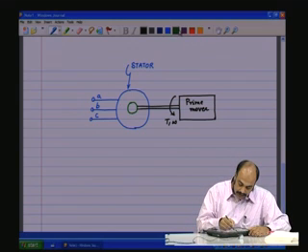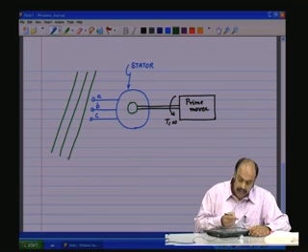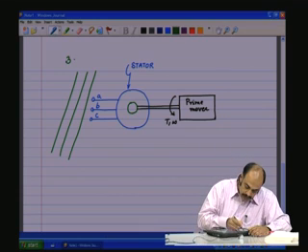Now let us say the sources are connected to the three-phase mains. So let us say you have three-phase mains. Okay, this is the three-phase source.